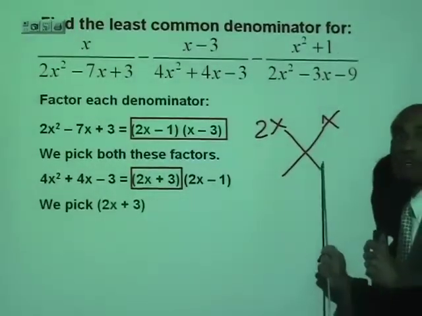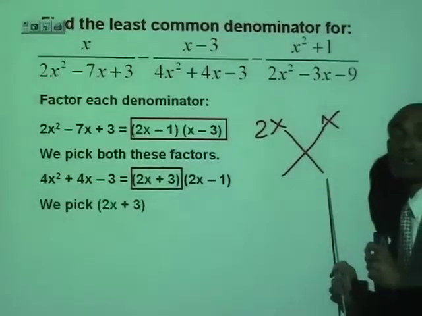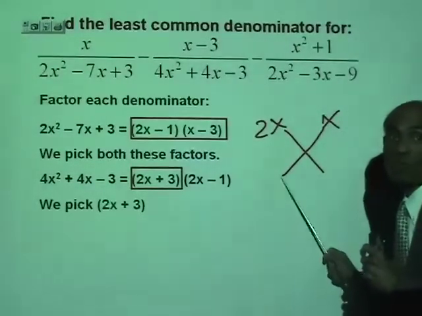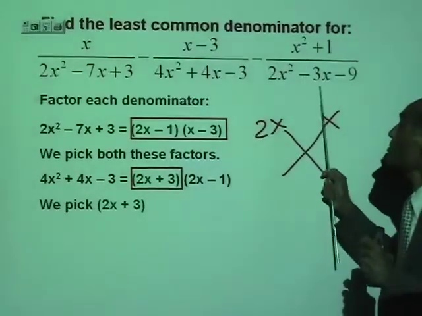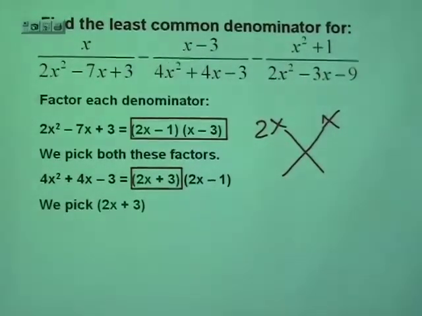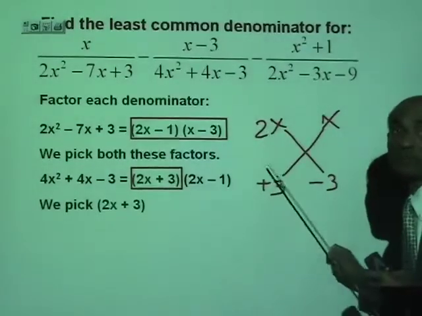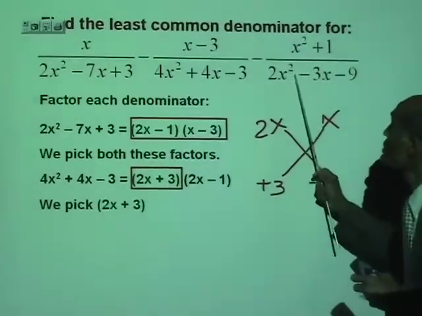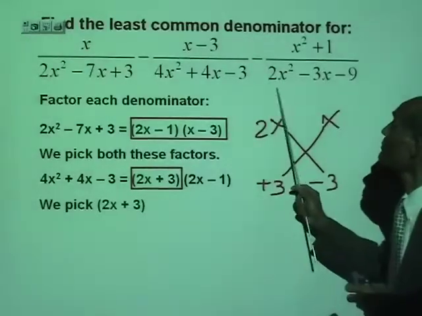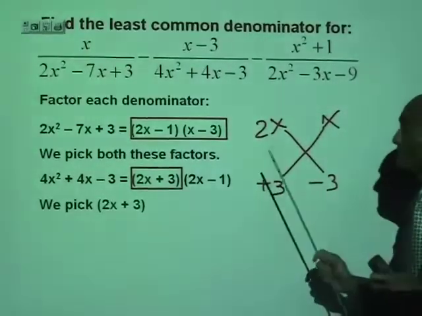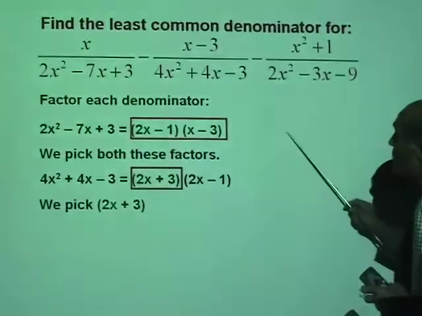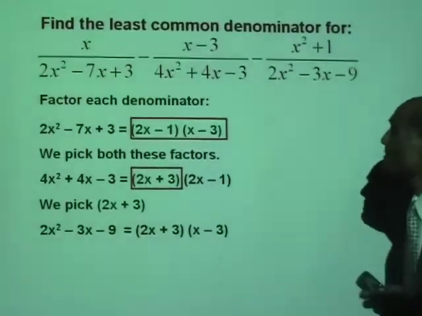Why? Because we need a bigger negative number so that when you add the smaller positive number, our result will be a negative number. So we will have negative 3 below x and positive 3 below the 2x. And that gives me negative 6x plus 3x, which is negative 3x. So what are the factors of the last denominator? The factors are 2x plus 3 times x minus 3.